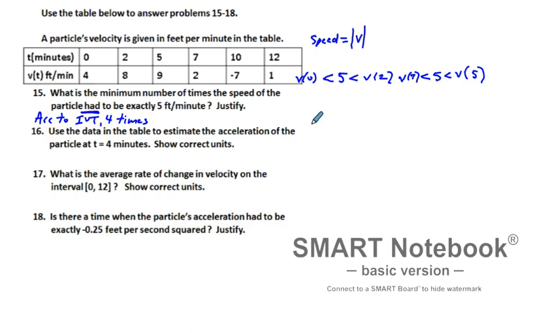So that would be, now the next one, we would put absolute value of v of 7 is less than absolute value of -5, which is less than absolute value of v of 10.